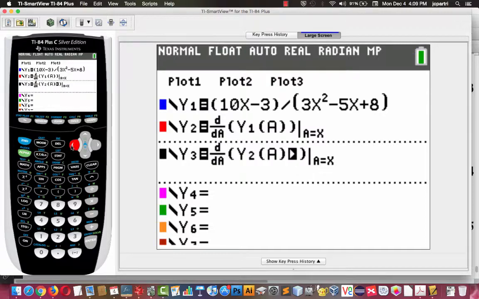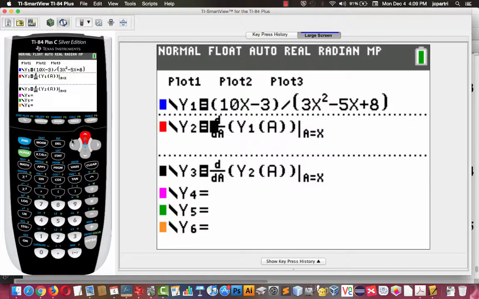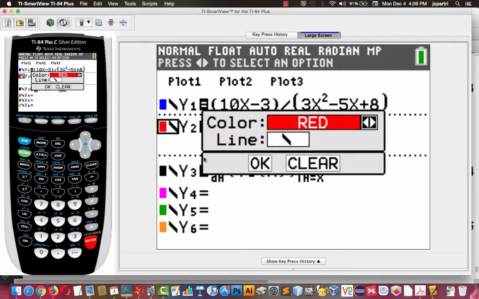All right, is there a way to see just the derivative? I really hope so. Let's see here. Color, ooh, I can change the color. I like that. All right, let's see here. Line. Let's make the first derivative dashed.